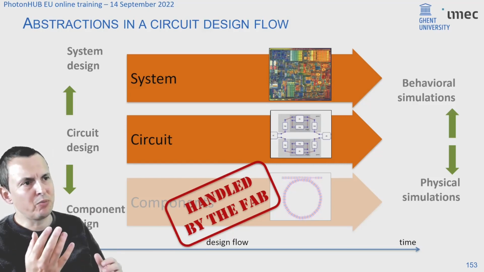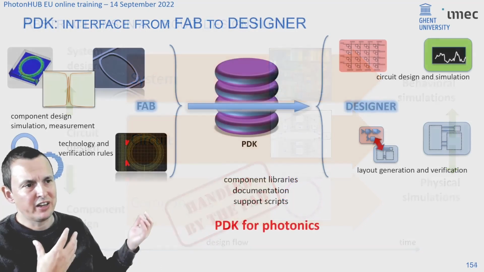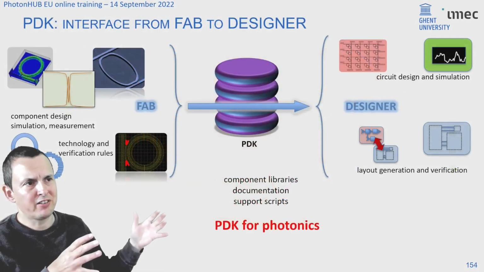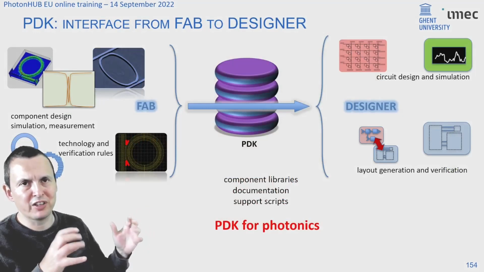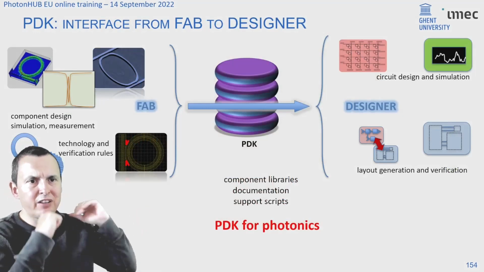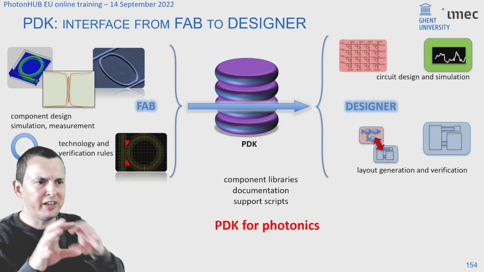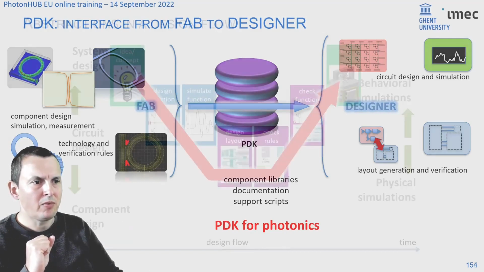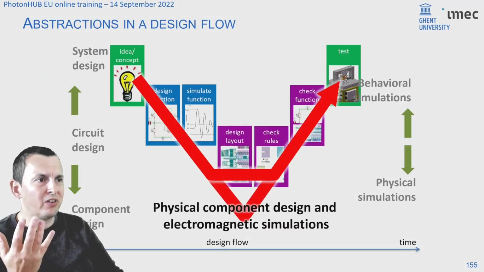So that handoff between the physical level, the components, and the circuits is, again, what I mentioned, the PDK. A circuit designer starts with a set of building blocks that he can use. So he can stay at that relatively abstract level of connecting building blocks together and looking at the signals that go in between.